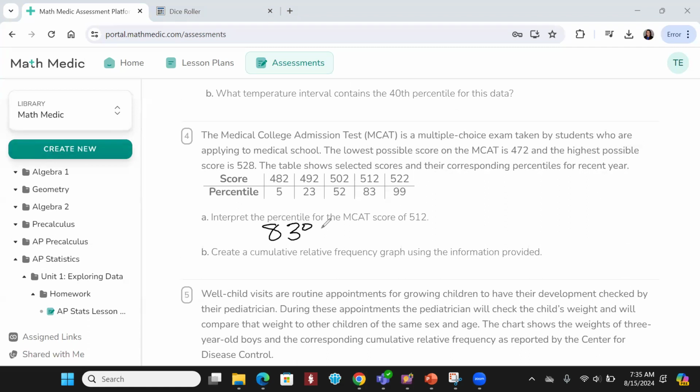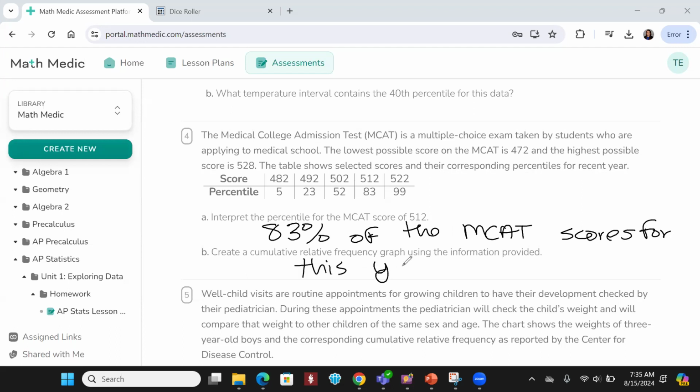Okay. 83% of the MCAT scores for this year, I'm going to write down here, are less than or equal to a score of 512.